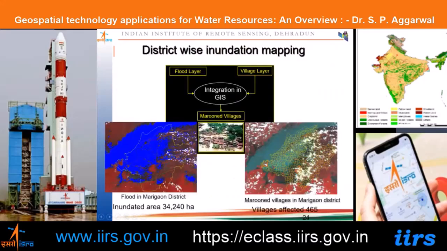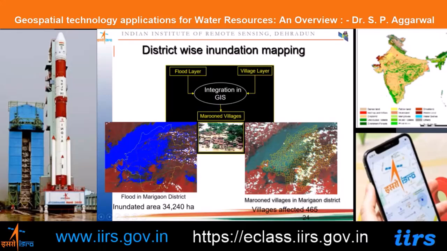You can see Morigaon district, half of this, and then you can see villages. And this is a photograph of a village in Morigaon. You can see here lot many villages. In fact, if you count it, it becomes 465.